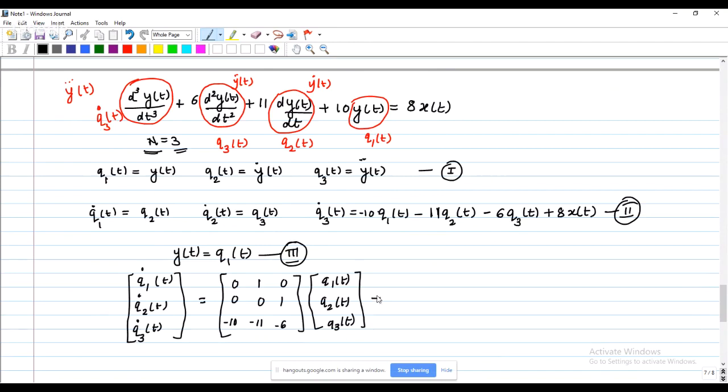Plus, this last element is pending. The last element is only with respect to q3 dot (t), so I'll have 1 over here. Sorry, only 3 elements are there. So we have 0 0 1, or you can write it as 8 because it is not 1, times x(t).